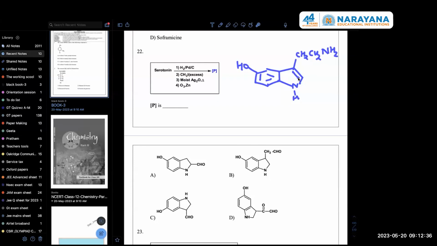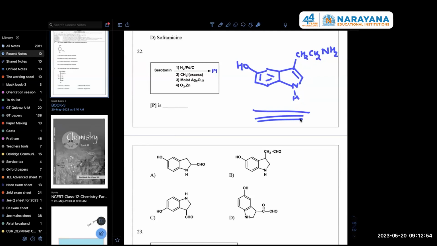Okay, just a minute. This is serotonin. Is the double bond there? In NCERT it is not given, but in the original structure of serotonin, the double bond is there. In NCERT it is actually missing.